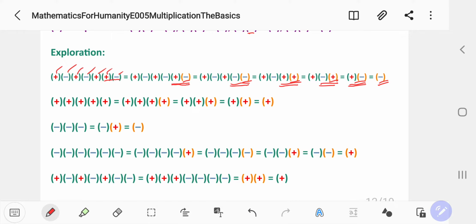So for example, you have here 5 positive numbers being multiplied. So this 2 will result in a positive number. And then this 2 will result in a positive number. And then this 2 will result in a positive one. And then this 2 will result in a positive one. So finally you have positive numbers. If you multiply all positive numbers, that results in a positive number.